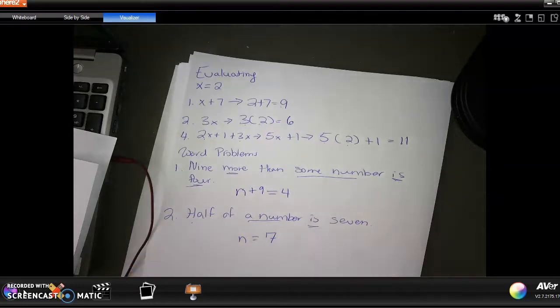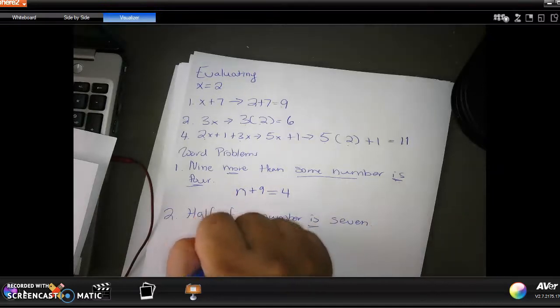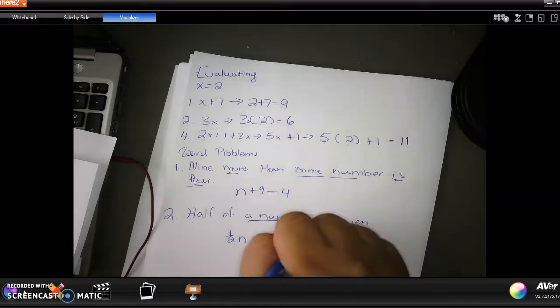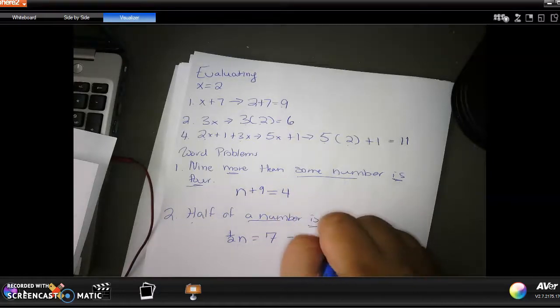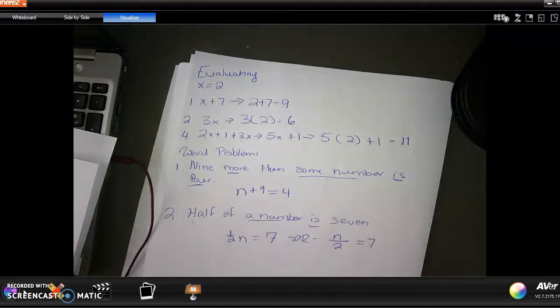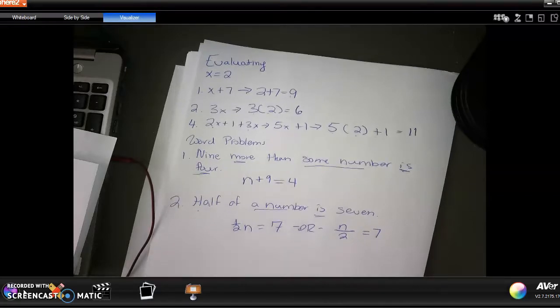Now it says half. Okay? Half means one of two things. You could write it 2 different ways. So if I have half a number, well, that means I could do 1/2 times that number. Or I could say n divided by 2 equals 7. Okay? So that is how you do word problems with halves or fractions.